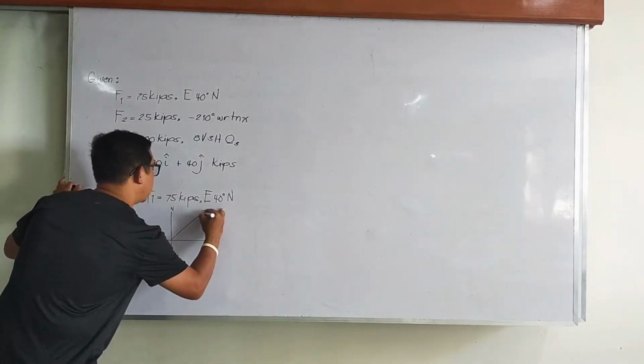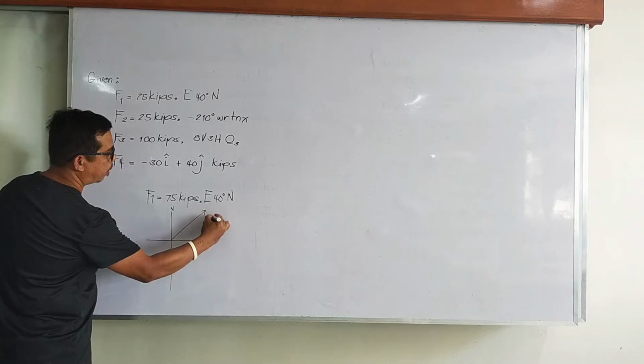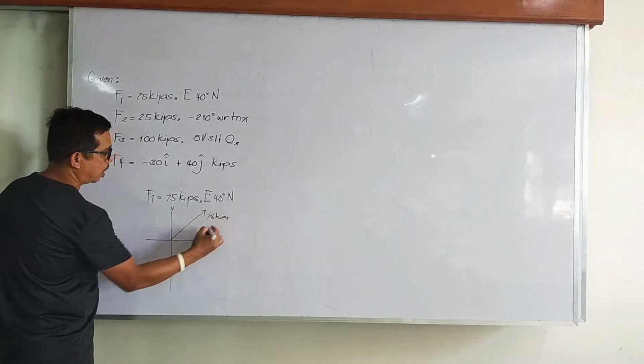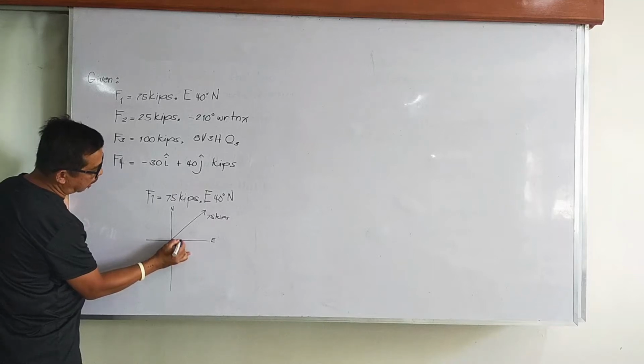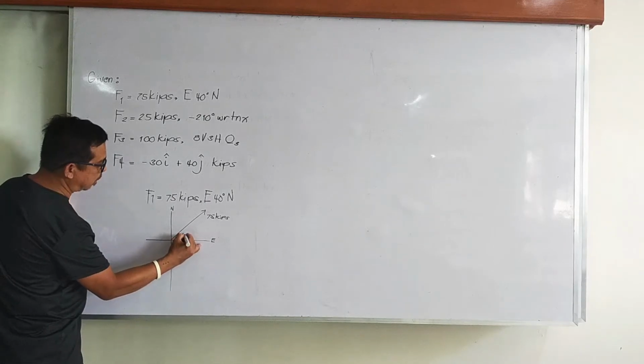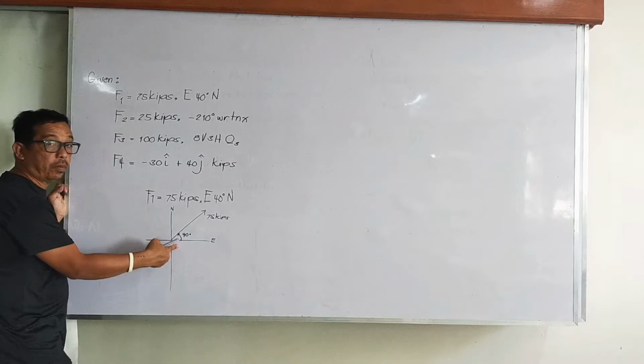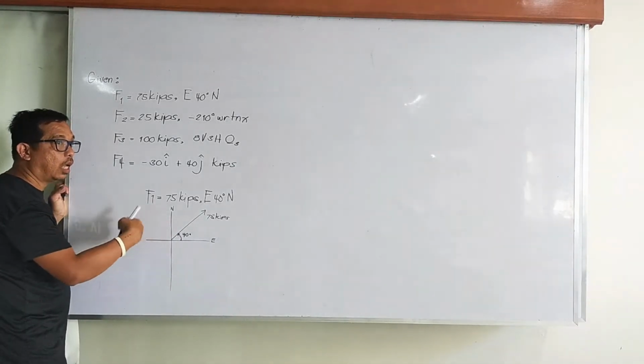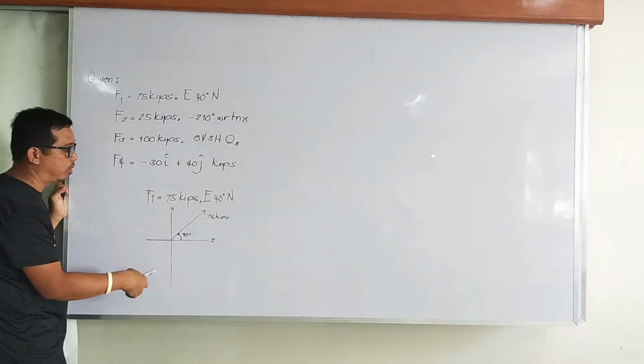This is the magnitude 75 kips. At that, nag-generate ng angle na 40 degrees starting from east towards north in a counterclockwise direction.